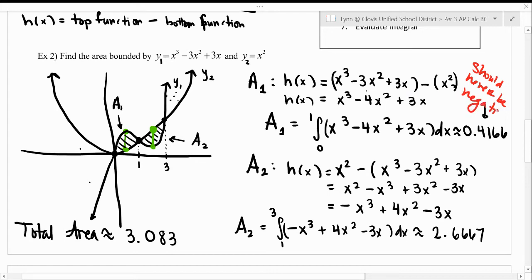The most common mistake that people make on these problems, if they get a negative answer, is they just have their heights flip-flopped. So they just did like the bottom function minus the top function. And that usually just means you would get the negative version of my answer. Don't just then force it positive. Go back and make that correction so that you have the top function minus the bottom function. Okay? So that's it for objective 1.